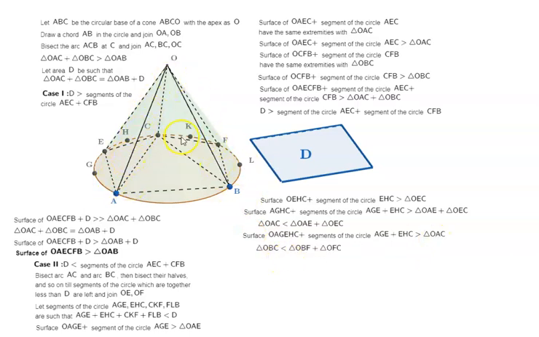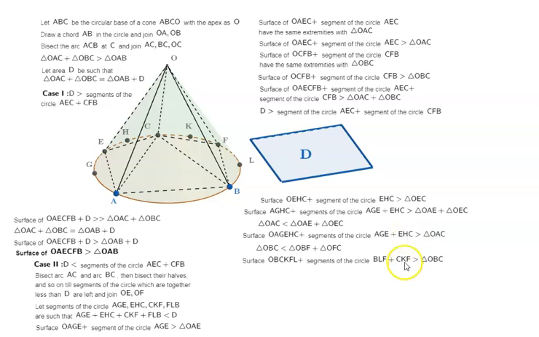Now triangle OBC is less than the triangle OBF plus OFC. Again, because the extremities are same and the triangle OBC is inside these two triangles. Which means surface OBCKFL plus segments of the circle BLF plus CKF is greater than triangle OBC.